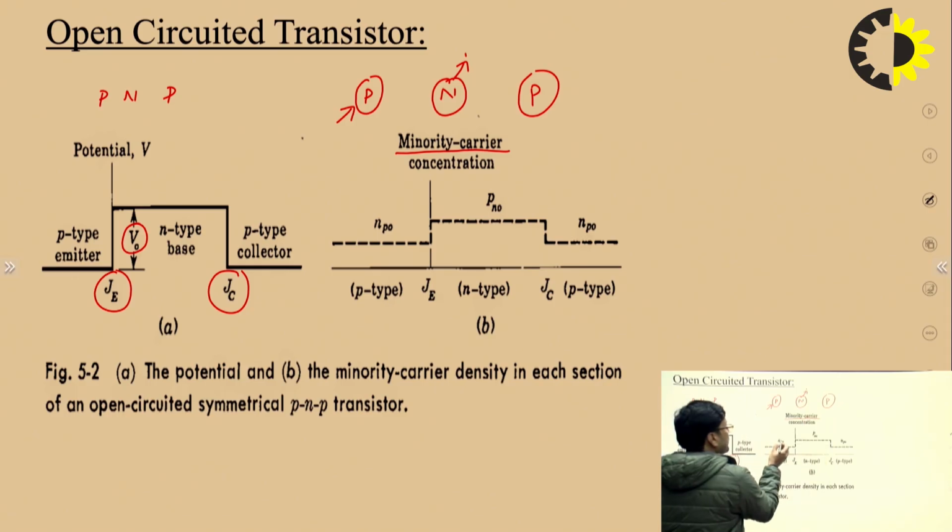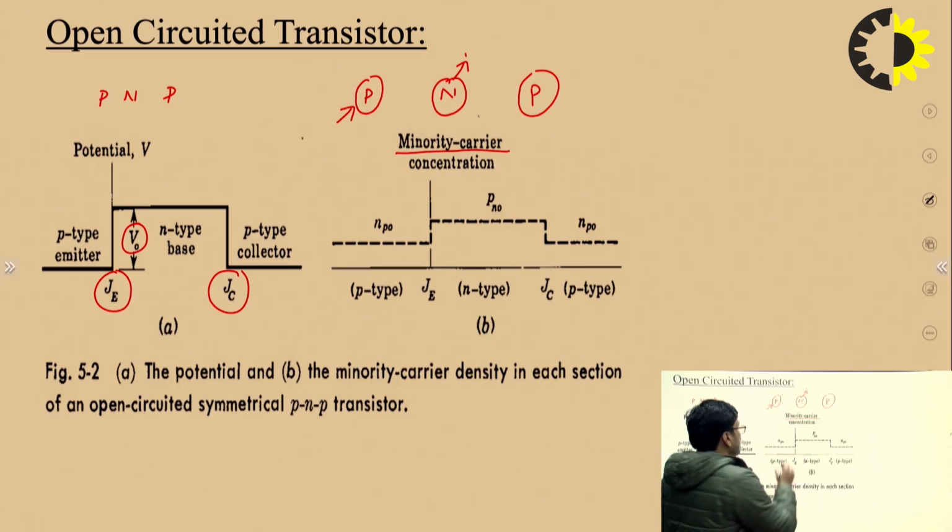So this is the concentration profile of electrons. That's why we have represented it here with n, right? So this is n_p0. This is representing the electron concentration in the P type semiconductor. So this is the concentration profile of electrons, and this is the concentration profile of holes.